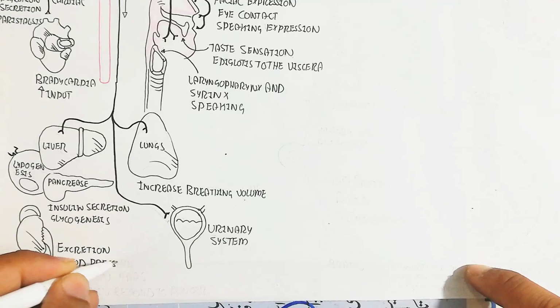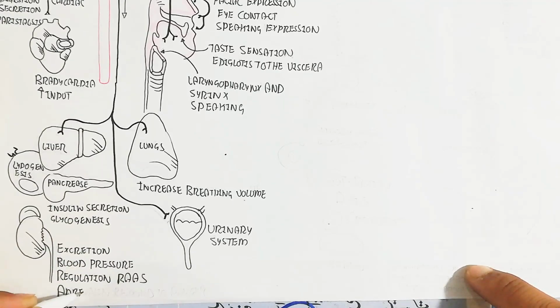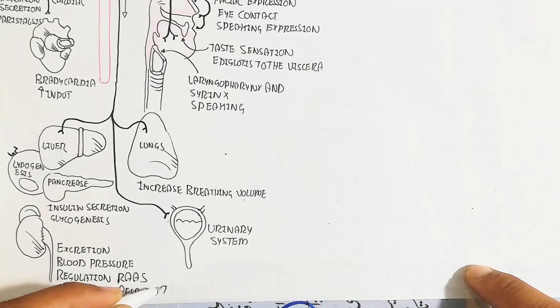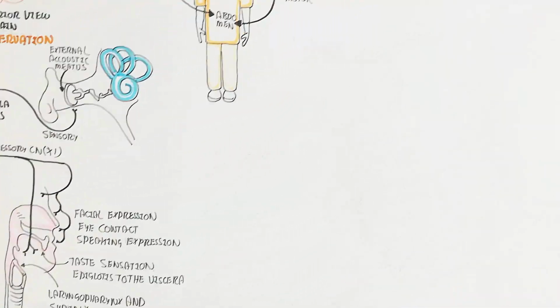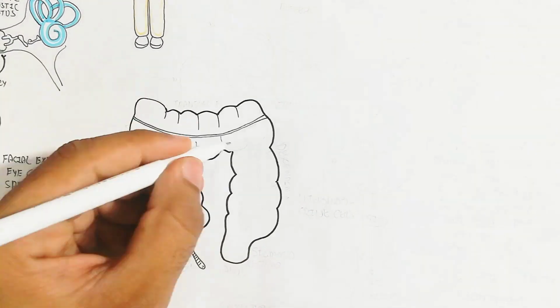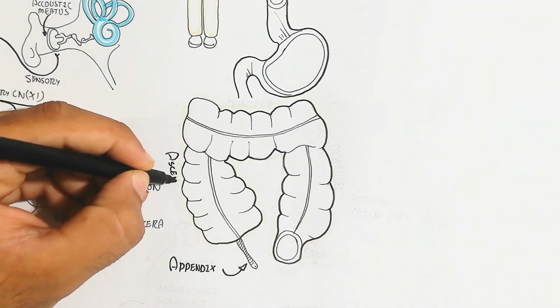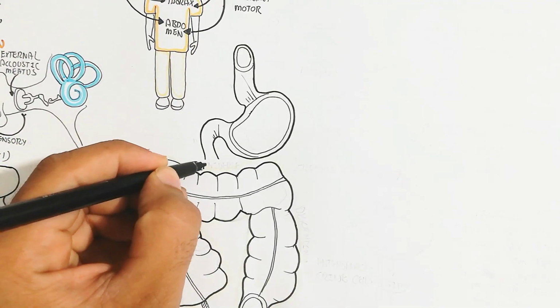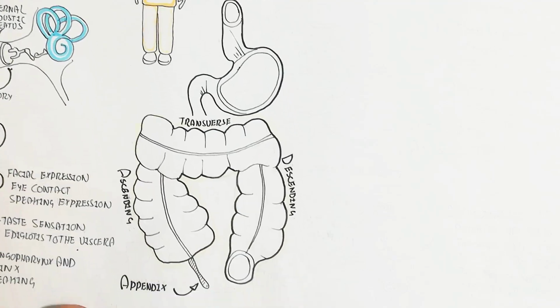The urinary system control and excretion, blood pressure regulation due to RAS activation, and the adrenaline response to a danger situation are the sympathetic also. The parasympathetic means rest and digest, while the sympathetic means the fight and flight response. Both functions are involved for the vagal nerve.